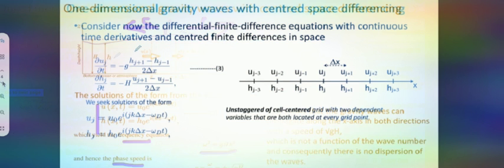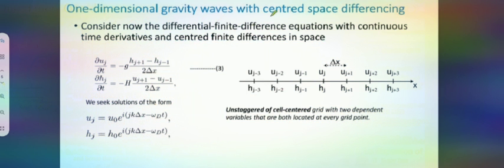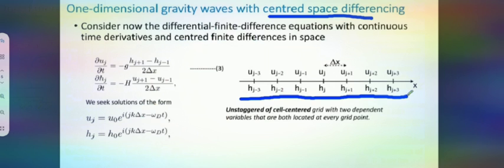Okay. Now, if you solve this with the help of center space differencing, let me not discretize the time yet. First of all, you have to divide into small grids. Here, your dependent variables are u and h, and independent variables are x and t, as we did in fluid mechanics. Remember there, small t and x.